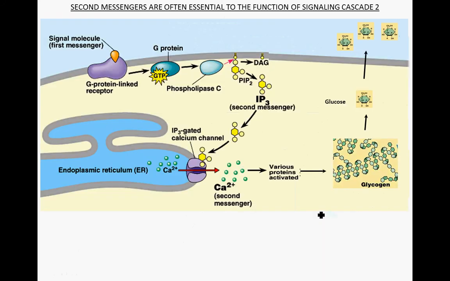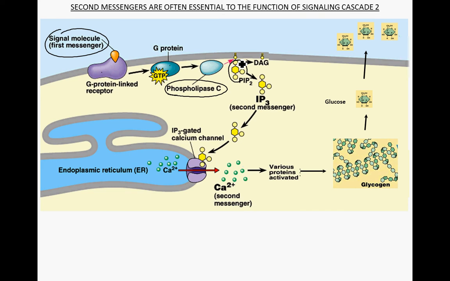Another example of second messengers is this diagram, which is kind of complicated. So let's start with what we know first. Here we have this first messenger again, binding to this G protein linked receptor. And then this G protein becomes activated here, and it is now going to activate this phospholipase C enzyme. Phospholipase C will cleave this yellow structure that is attached to a protein that's in the membrane.